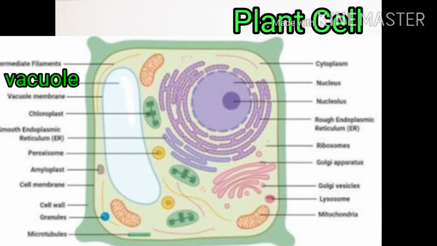The vacuole present in a plant cell occupies 90% of the volume of a mature plant cell. It is filled with cell sap and helps to maintain turgor pressure inside the cell.